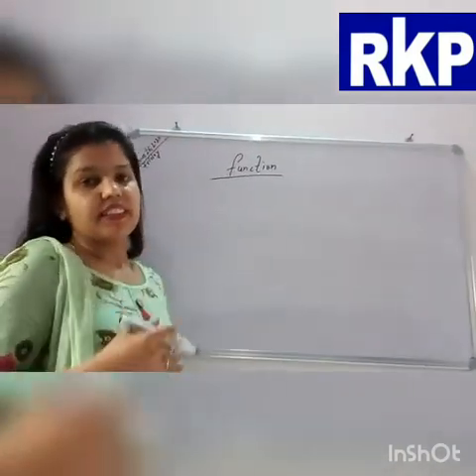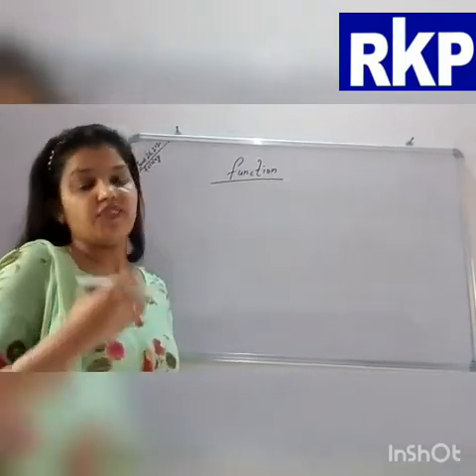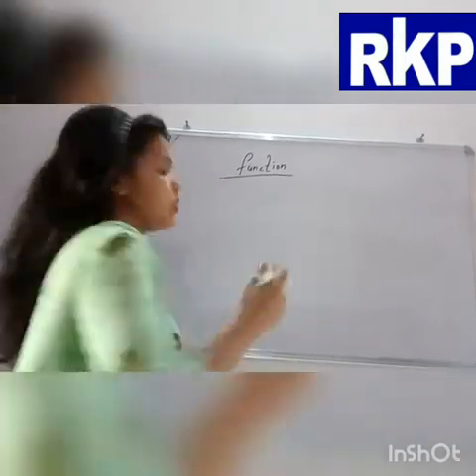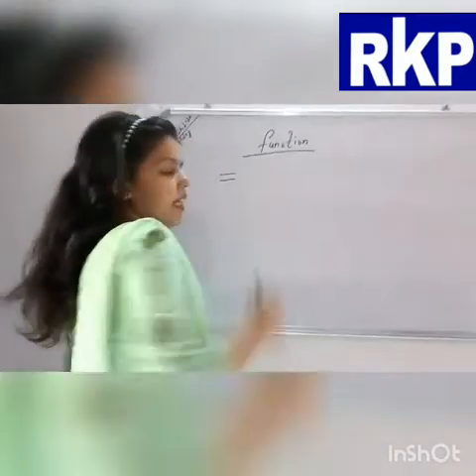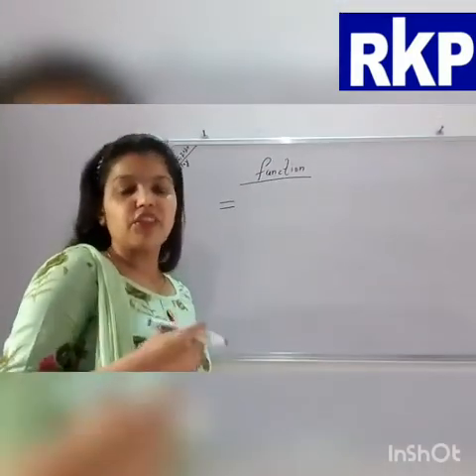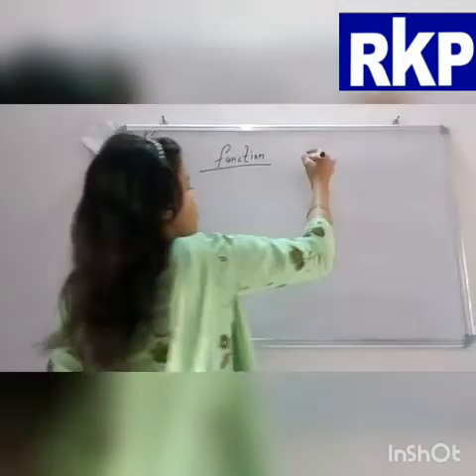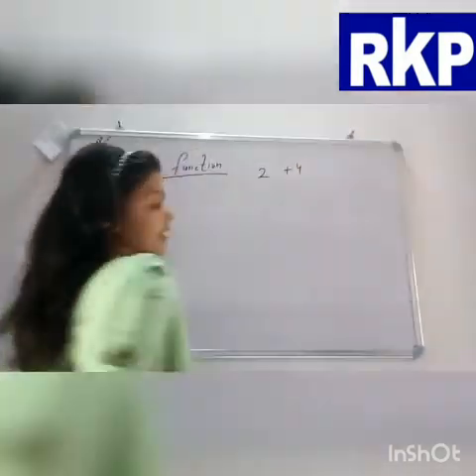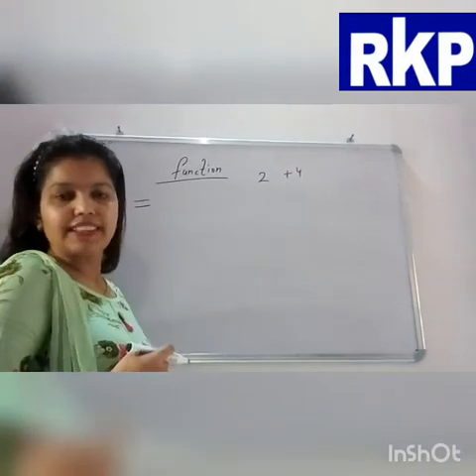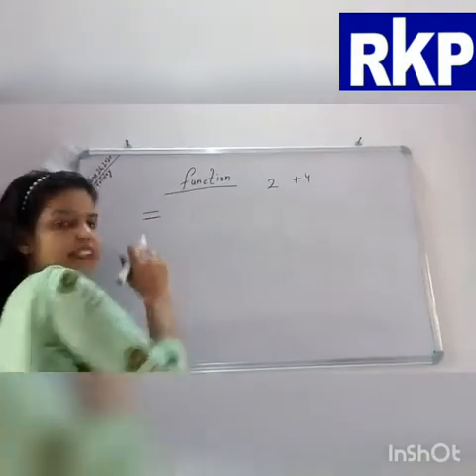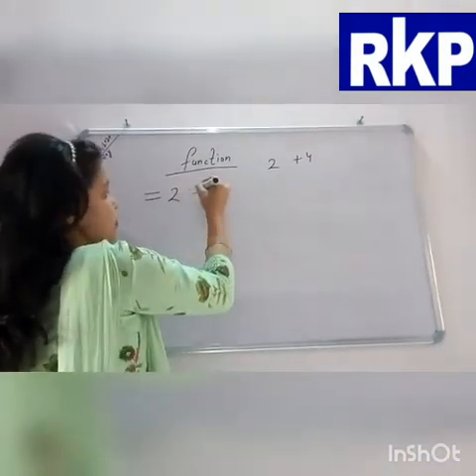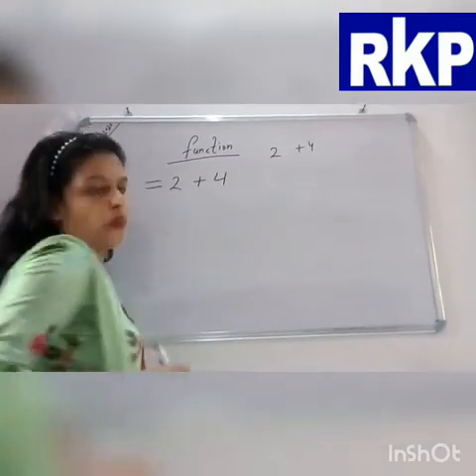But before this, just note down one important thing. Whenever you are writing any formula or any function in Excel, you have to write the equal sign before the formula or the function. Like if you want to do addition of 2 and 4 in Excel, what you have to write in the cell? First of all, write equal sign, then write 2, then plus, and then 4.